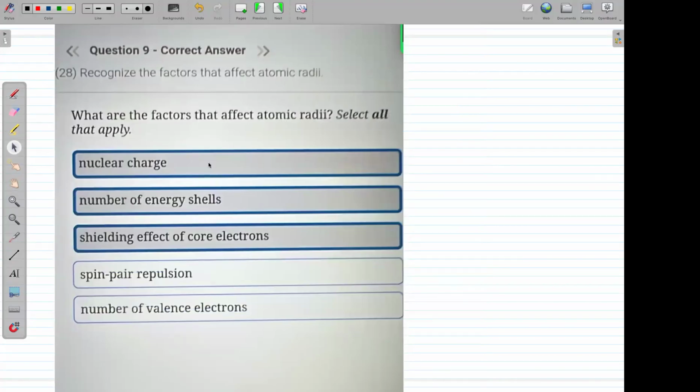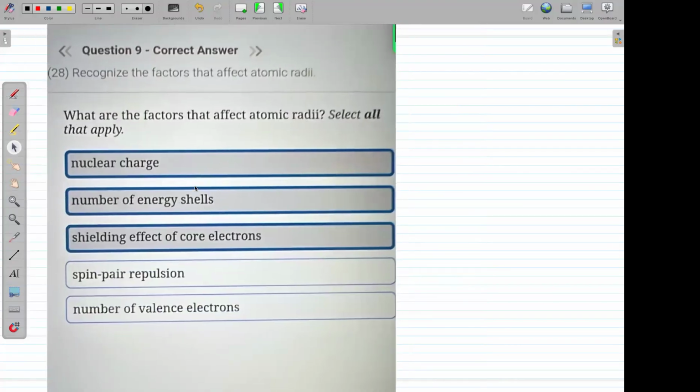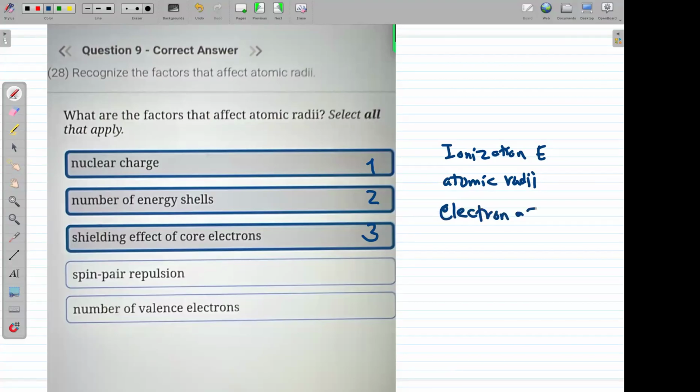What are they? The nuclear charge, the number of energy levels, and the shielding effect. So take care. These three factors also affect the electron affinity. They are the same three factors.